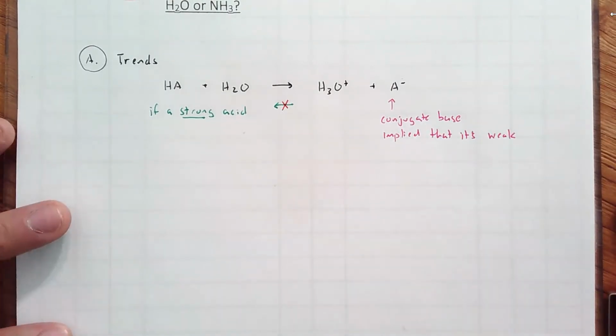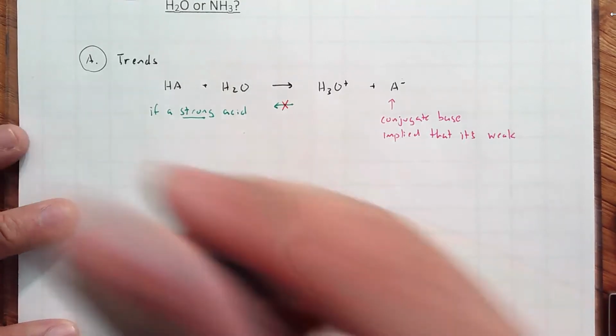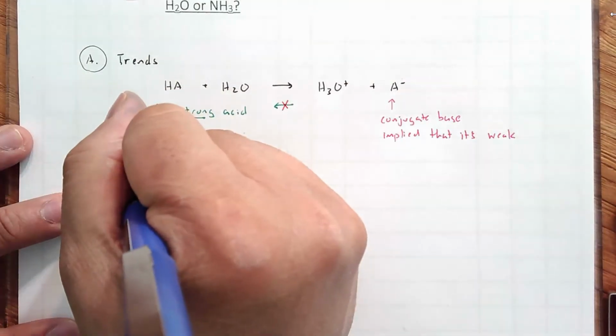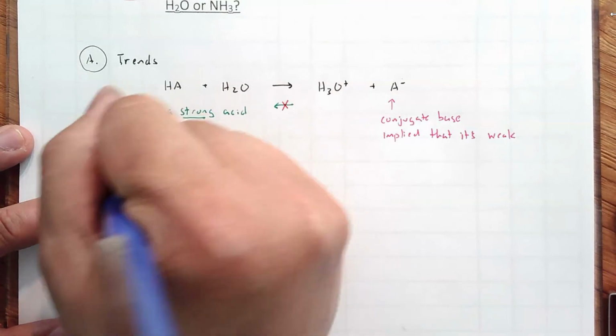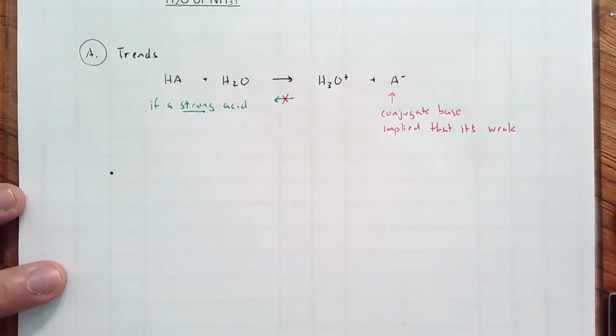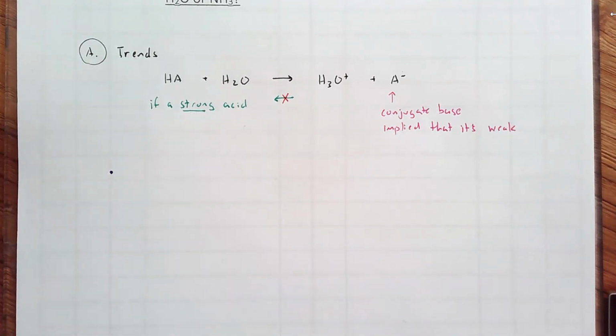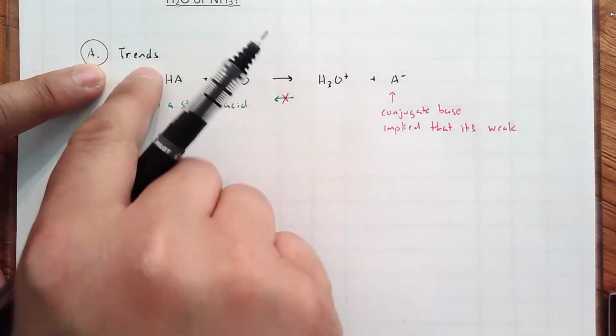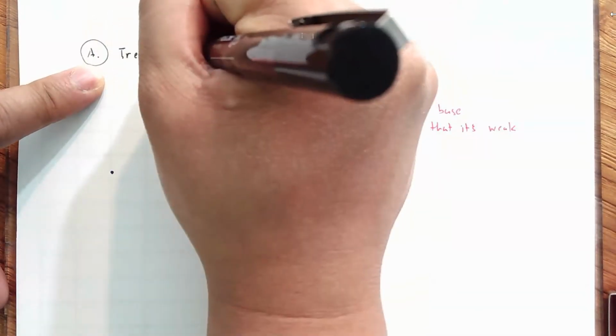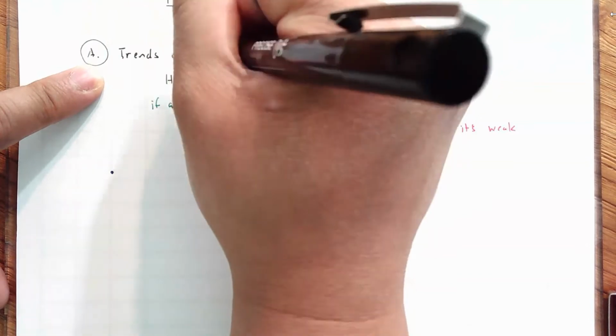All right. Believe it or not, I think we're ready to list some trends. The first trend is, I'll put these as bullet points. Before I go on, let me give this a better title: Trends of the conjugates.